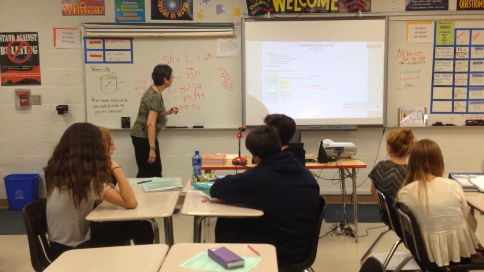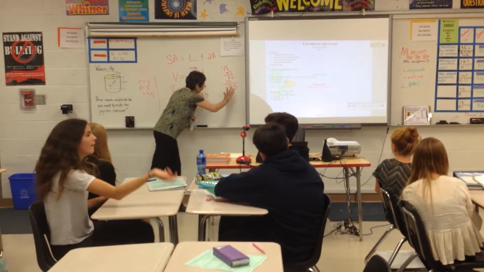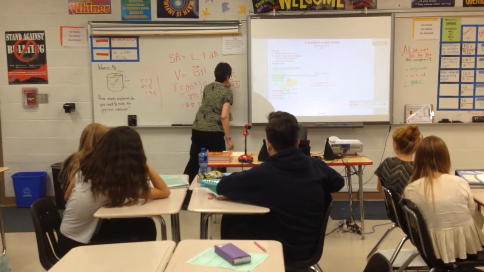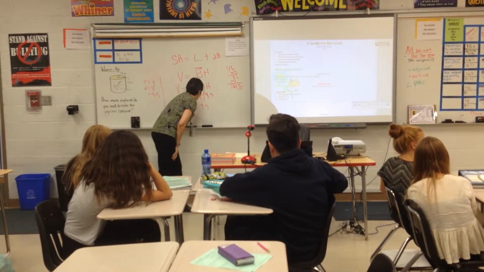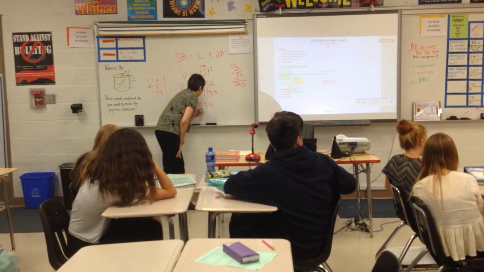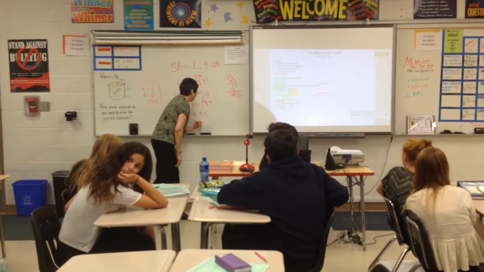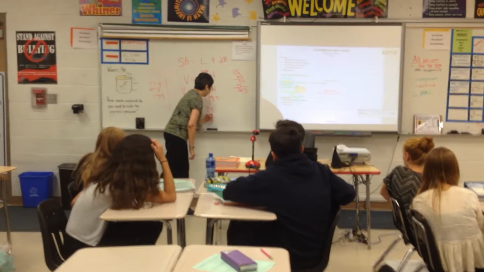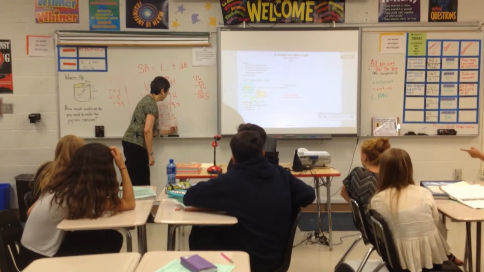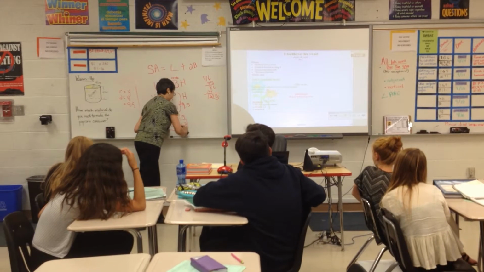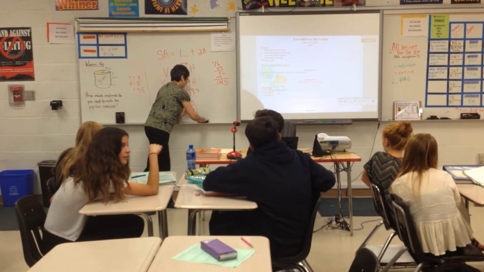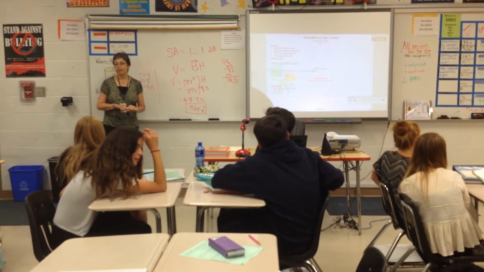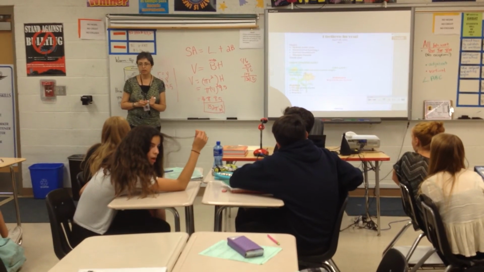And we have 152. 152 pi what? Inches squared. Okay, good. No, cubed. Oh, is it? Yes, it is cubed. Okay, good job. Okay, thank you very much. Let's get started on the rest of our work.